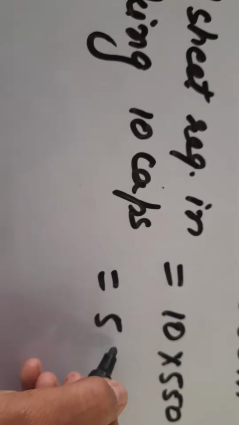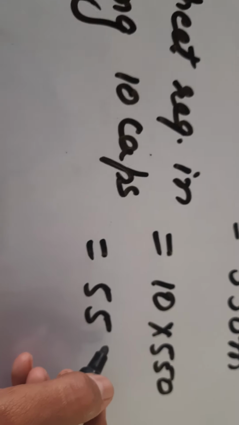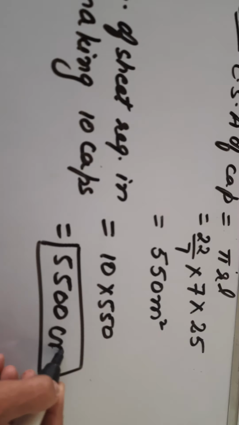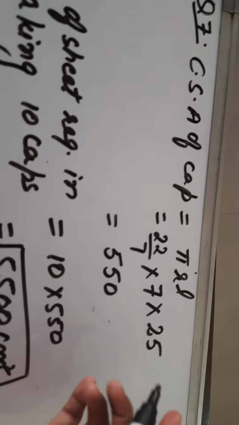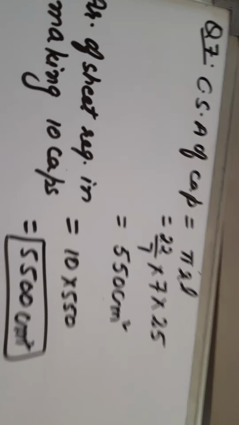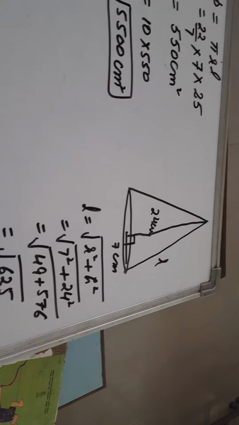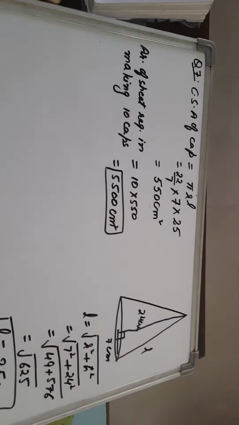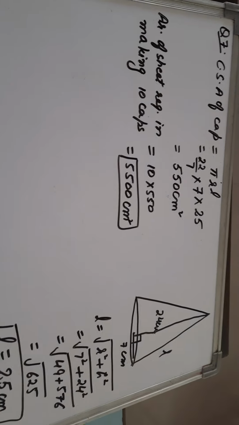So you'll get 5,500 meters square area is required in making 10 such caps, right? So here also this is centimeter. So that much sheet is required in making these caps.